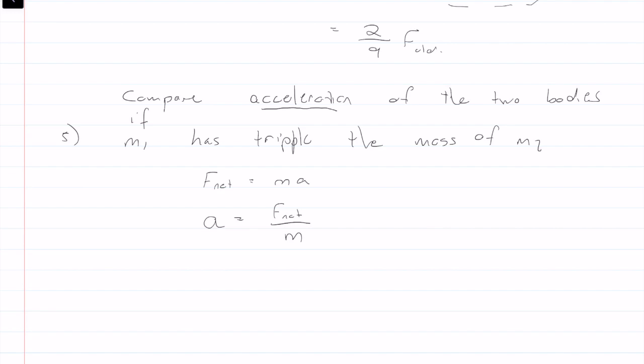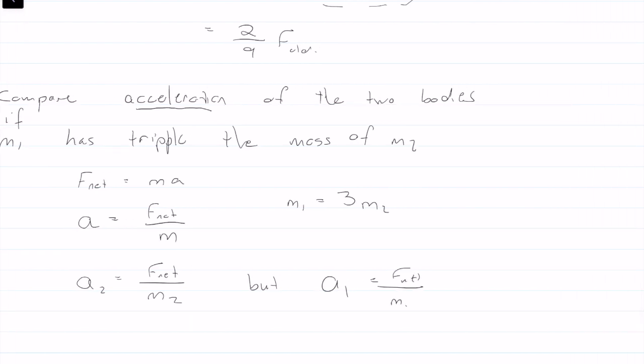So we can say that for m1, which has triple the mass, m1 is equal to 3 times m2. Acceleration for 2 equals F net divided by mass of 2, but acceleration for 1 is equal to F net divided by mass of 1, which is equal to F net divided by 3 times the mass of 2.